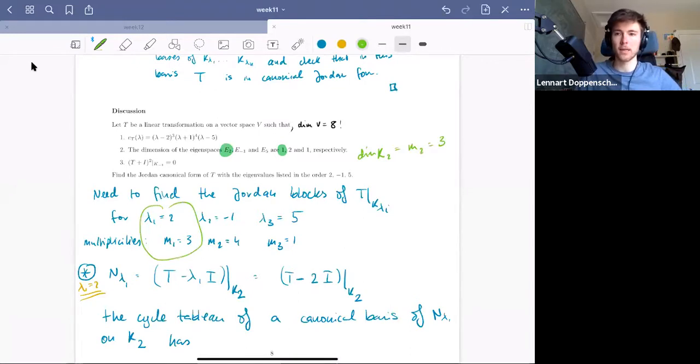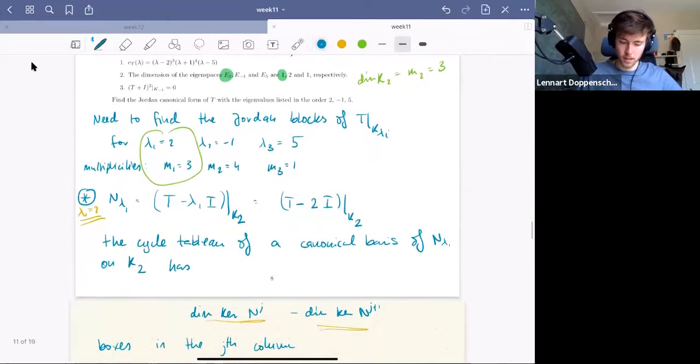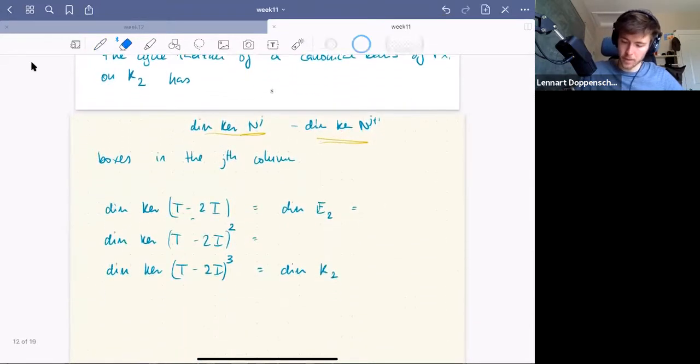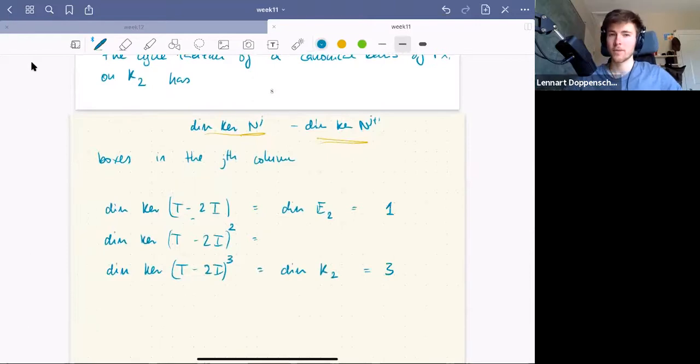This is how we extract the relevant dimensions of the kernels for the first eigenvalue. So we know that this is 1 and this is 3.